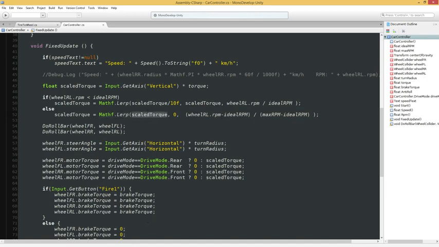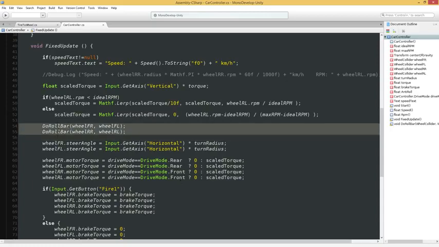If we're at our max RPM, this will return 1, which will mean this lerp will return the second number, which is 0, so our torque will be 0. When we're at our max RPM, we apply 0 torque to our wheels, because our engine is at redline. It's spinning as fast as it can. It can't spin any faster, which means we don't get any extra juice to the tires at that point. So that's all that does.